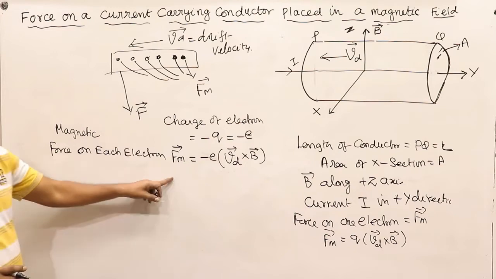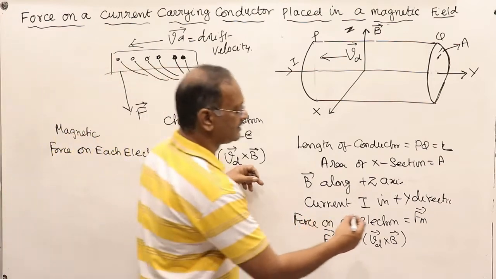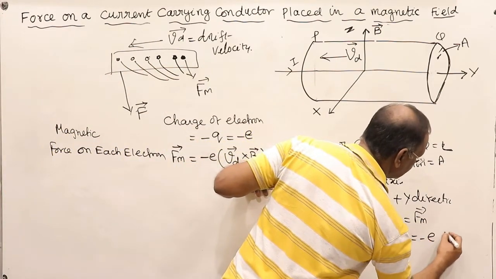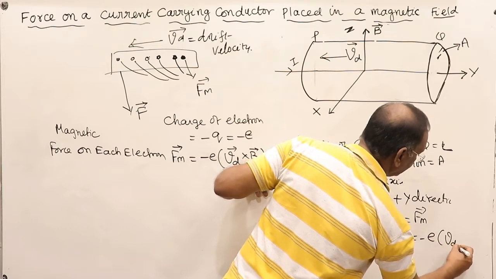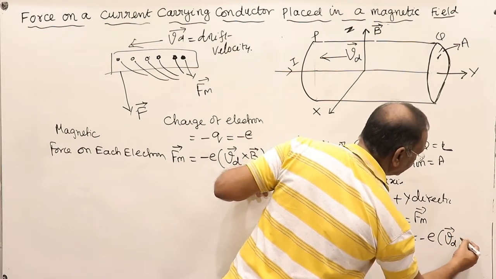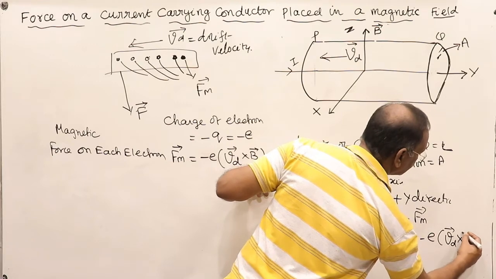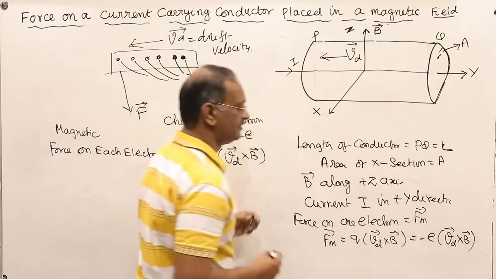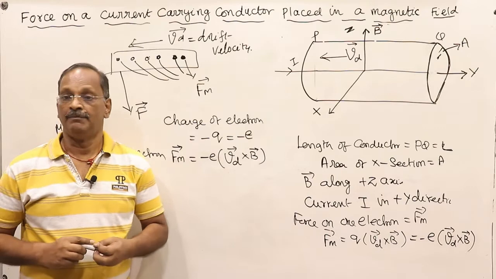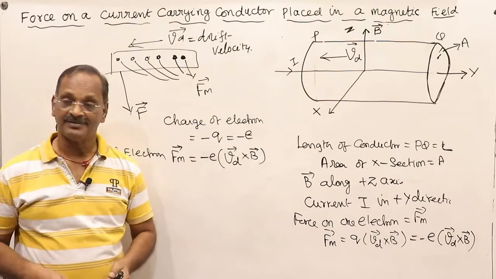This is the force Fm, or we can write it as minus e into Vd cross B, where Vd stands for drift velocity cross producted with the magnetic field. But what is the net force acting?